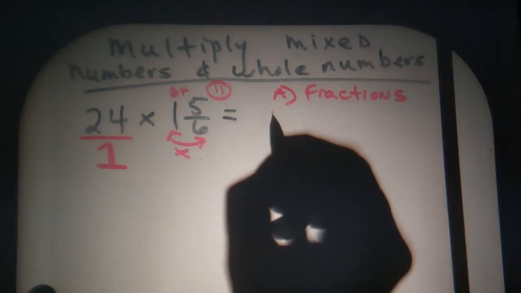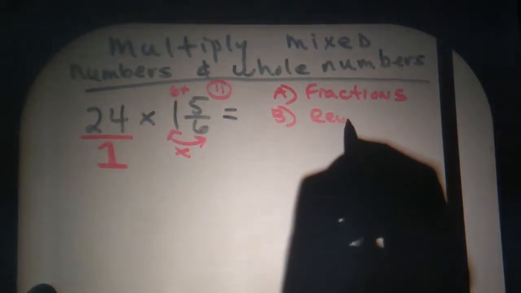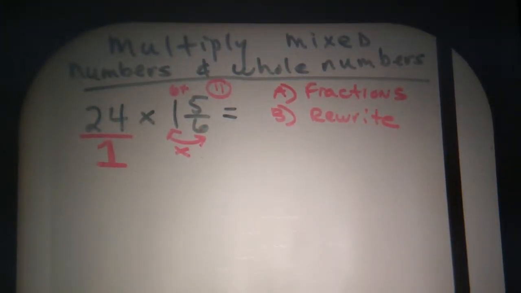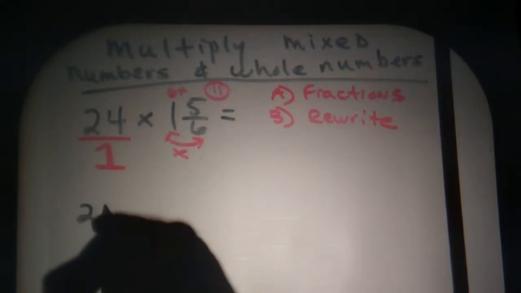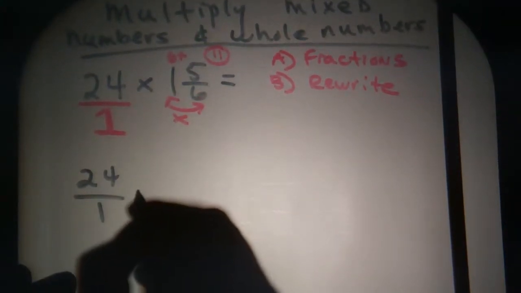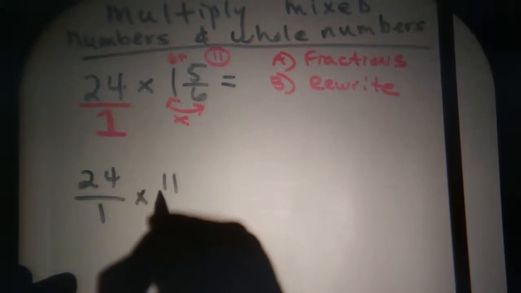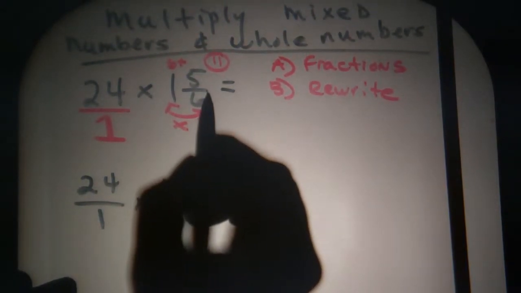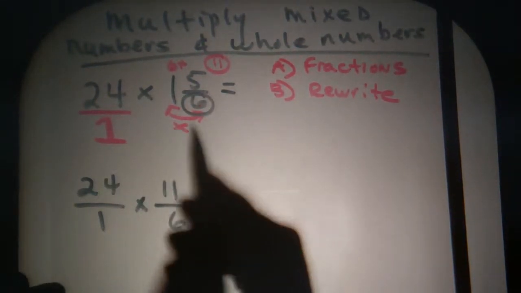Let's rewrite. I now have 24 over 1 times 11 over 6. We're using the same denominator.